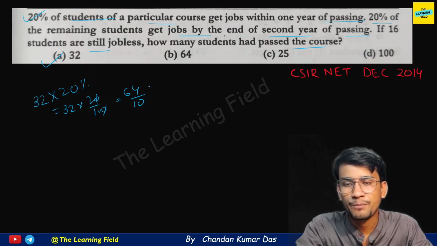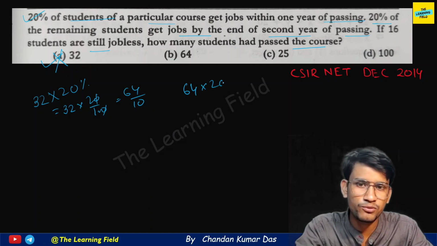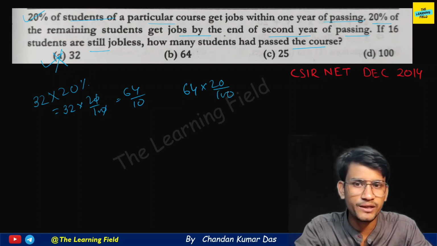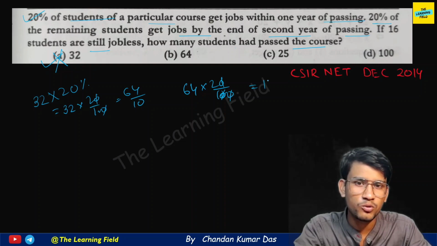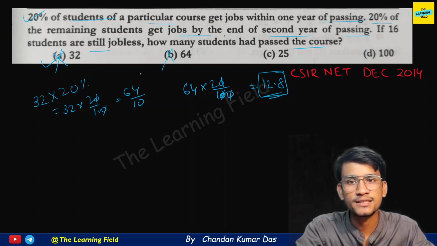But the number of persons should be an integer. Therefore this is not the correct answer. Similarly, if we take 64, then 64 into 20 by 100 gives 12.8, which is not the number of persons because it should be an integer. We can discard this also.